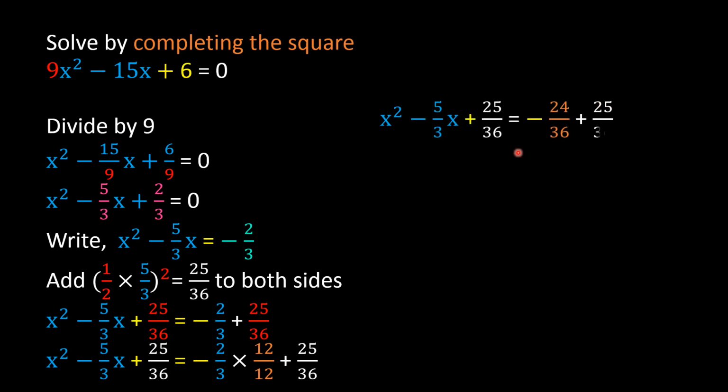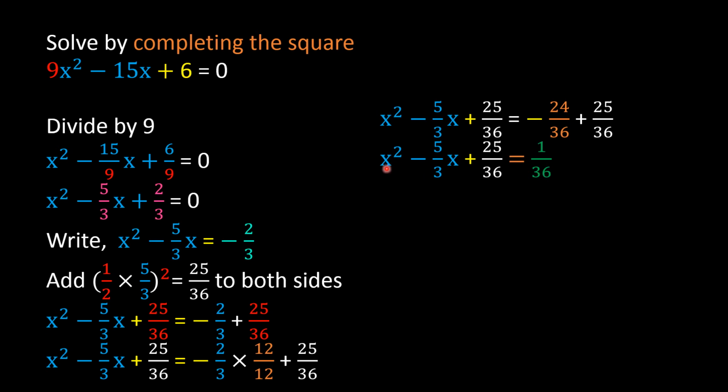So it will be minus 2 multiplied by 12, minus 24, 3 multiplied by 12, 36, plus 25 divided by 36. Now the denominator is same, so we can directly add the numerator. So it will be 25 minus 24, 1 divided by the common denominator 36.